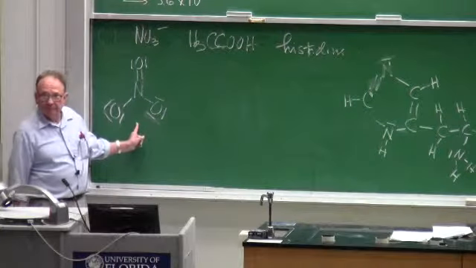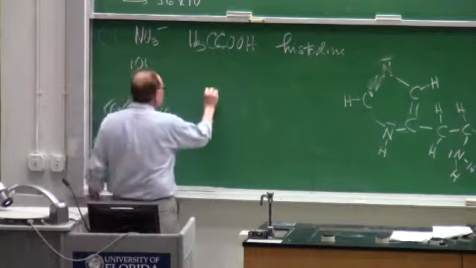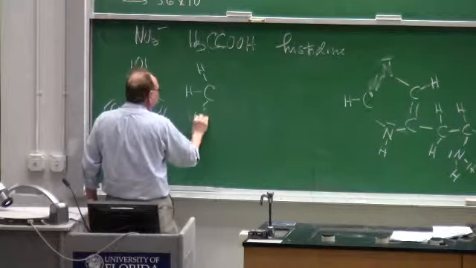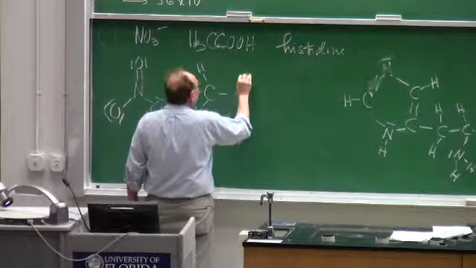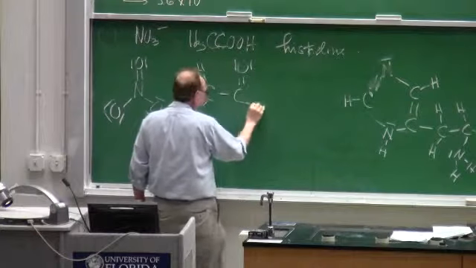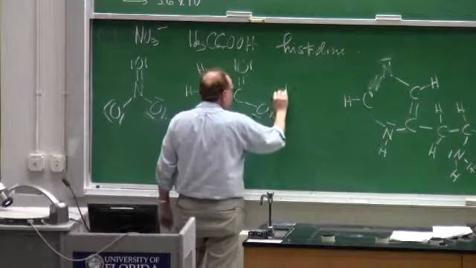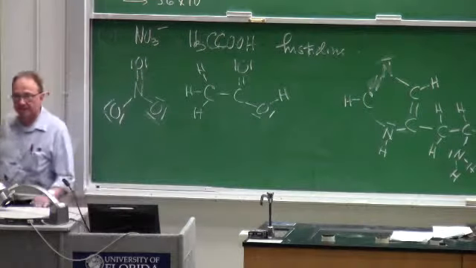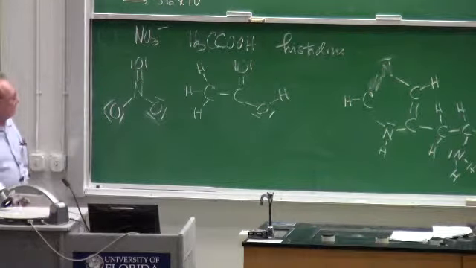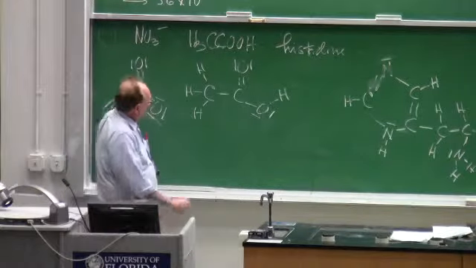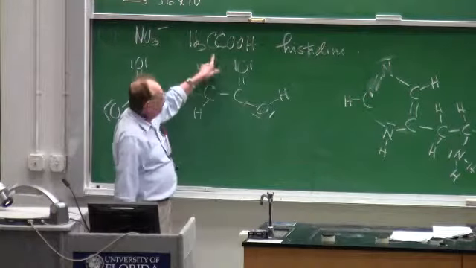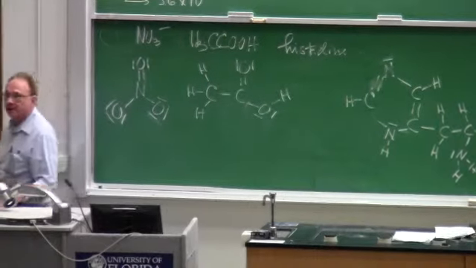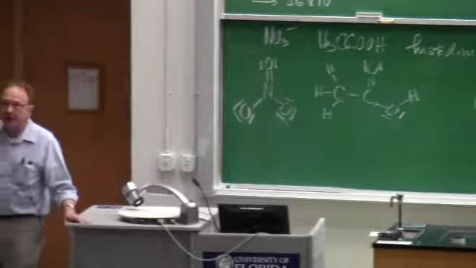Everybody got the nitrate ion? Everybody got the acetic acid molecule? The acetic acid molecule's typed formula shows you one of the difficulties we have in trying to communicate chemical structure by writing formulas.